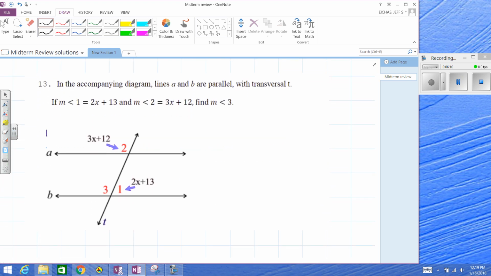All right. Measure of angle 3 is what we're looking for. Okay, it does say they're parallel. We can't assume that, but since they gave it to us, we're good. So this is a little strange right here.